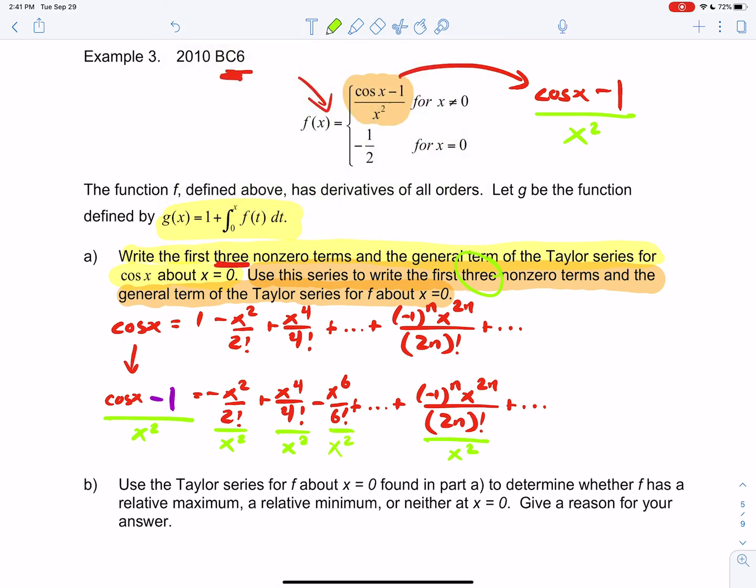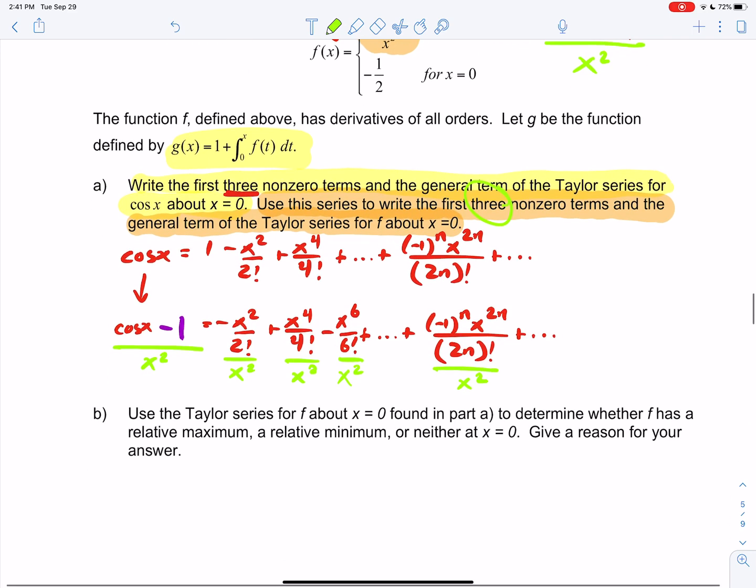Okay. Again, I'm not going to simplify because I'm a jerk and I want the AP readers to do their work. Right? But also equal is equal, you guys. So take a look. We started with cosine. Then we built in the minus 1. Then we divided it by x squared. You guys will do this a lot where you start off with something that you know and then you build off of it. Okay?